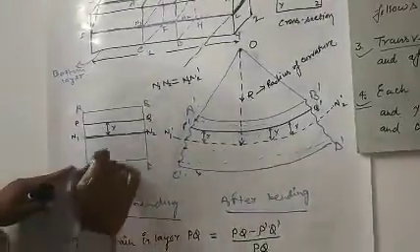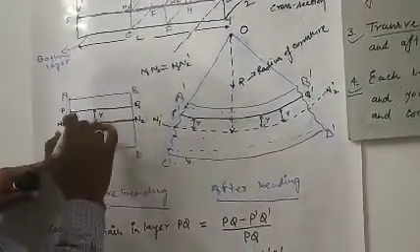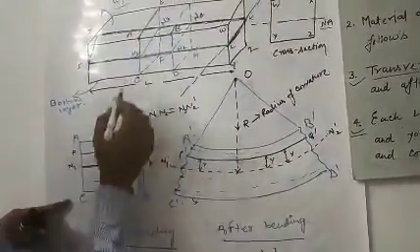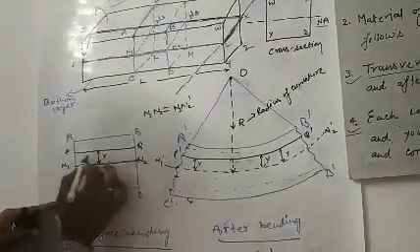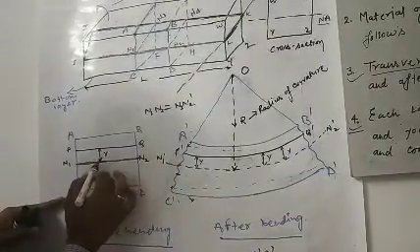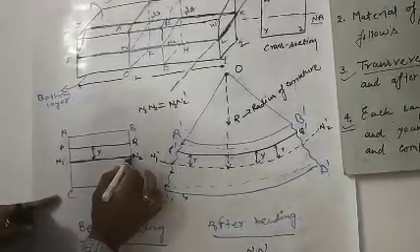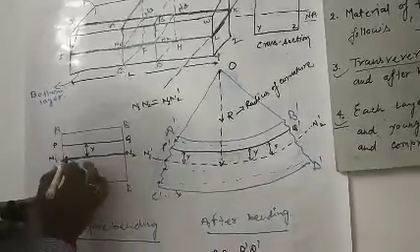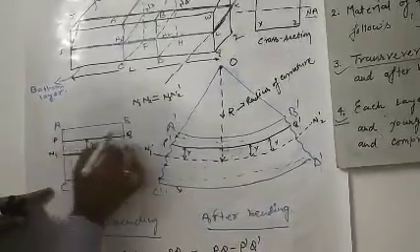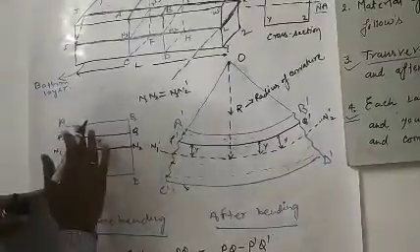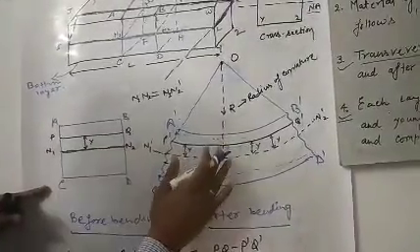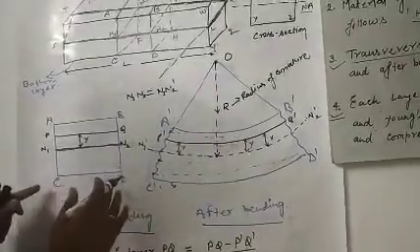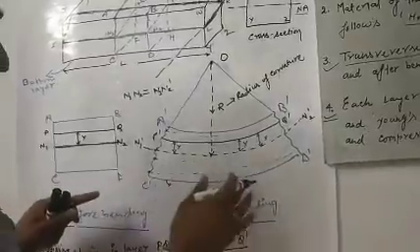Now, for further establishing a relation for bending stress, we have considered a layer PQ at distance y from the neutral axis N1 N2, right? This layer PQ, because sagging bending is going to happen in this case, the beam is simply supported and when load is applied, there will be sagging bending.